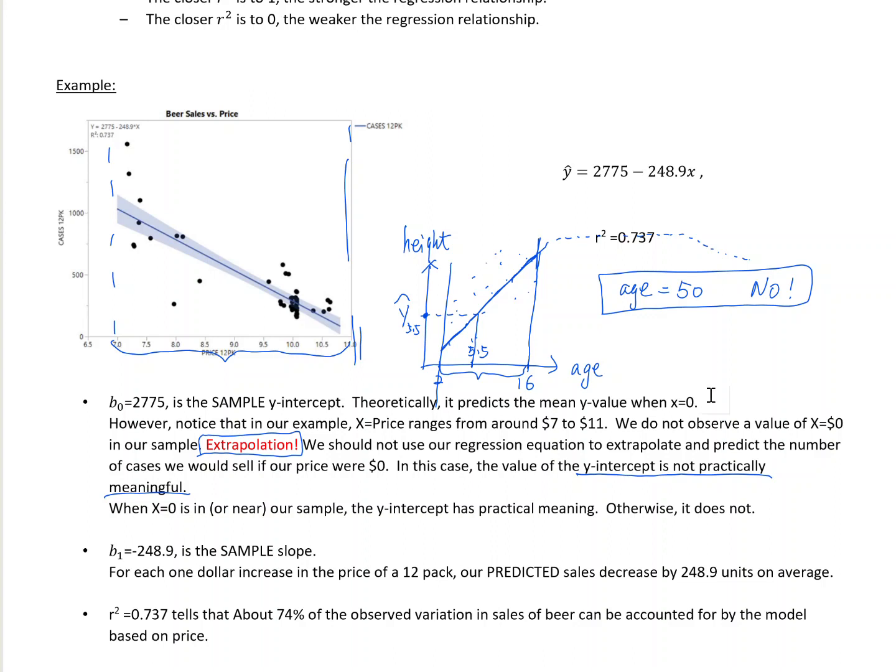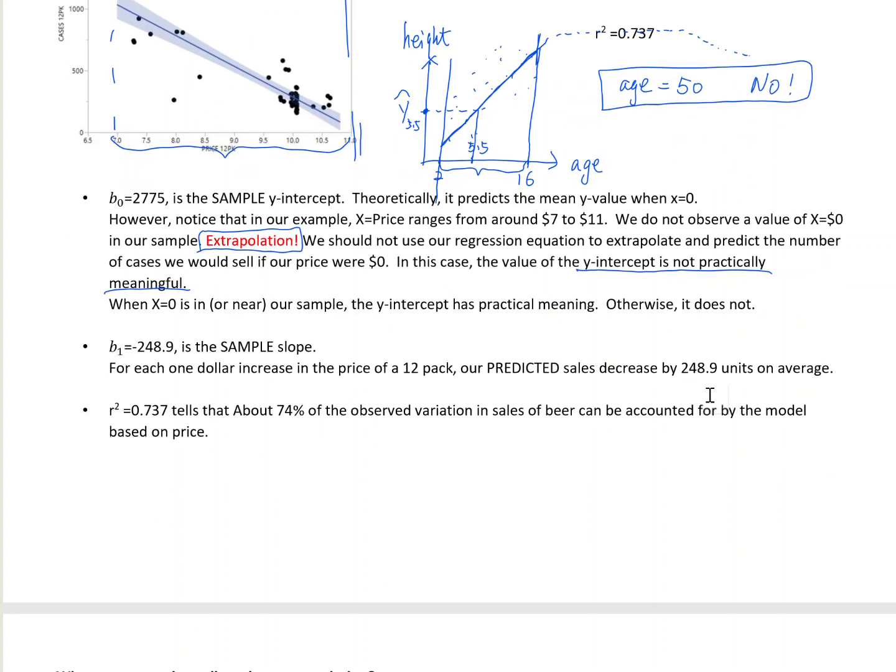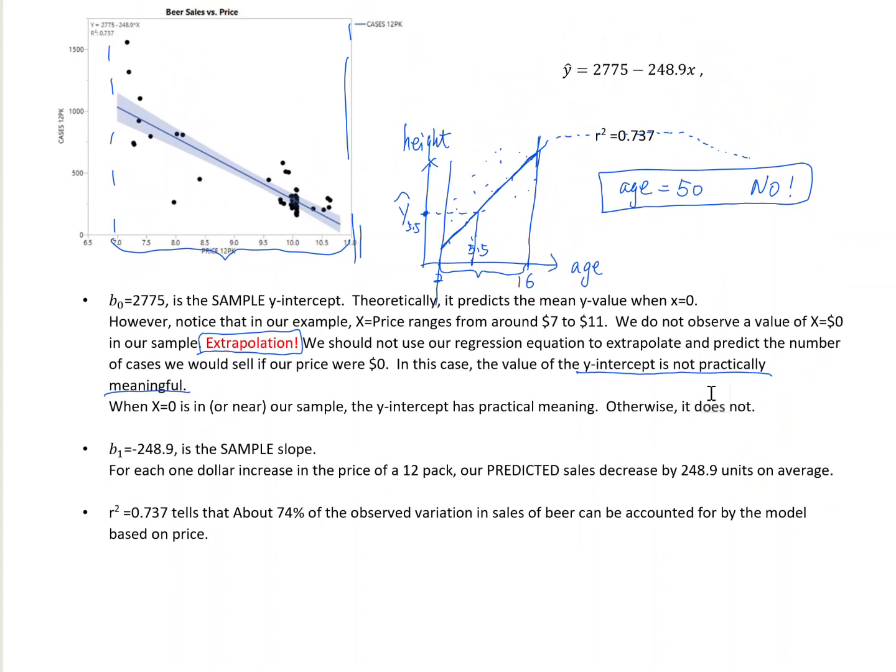All right, next one, for the b1. So first, what is b1? The b1 is the whole thing here, negative 248.9. Remember our format is y hat equals b0 plus b1x, right?